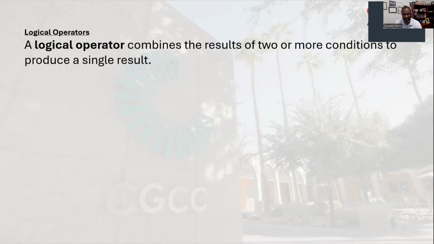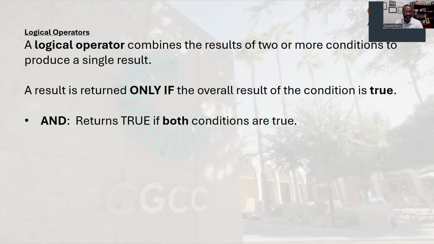To expand this even further, as we belabor the point, the logical operator combines the results of two or more conditions, and a result is returned only if, remember that, only if the overall result of the condition is true. This is the whole concept of a truth table.